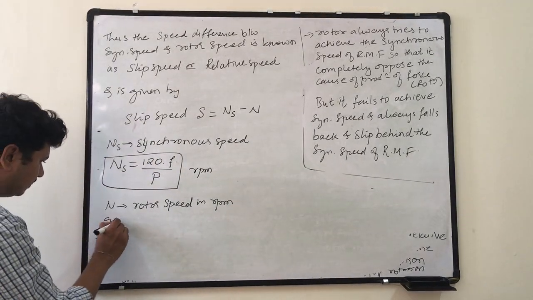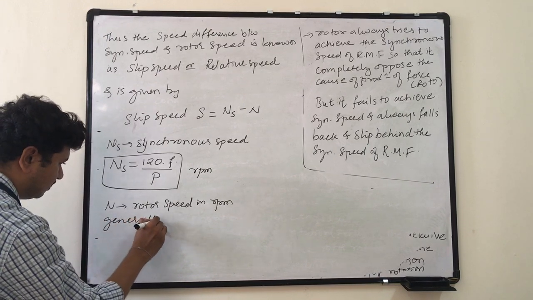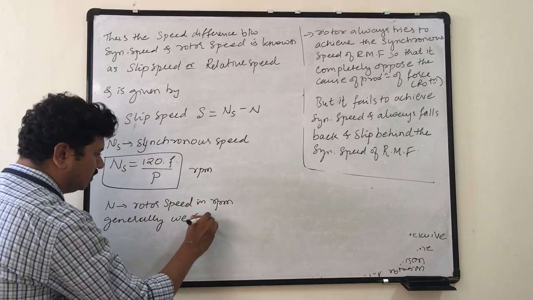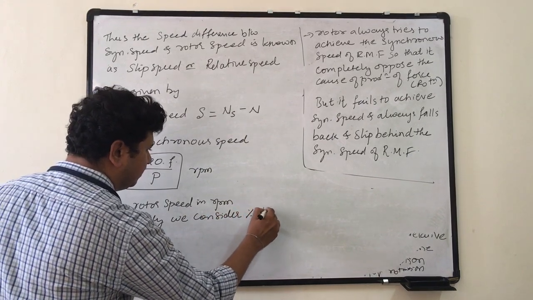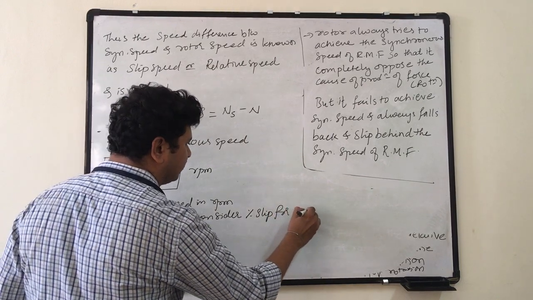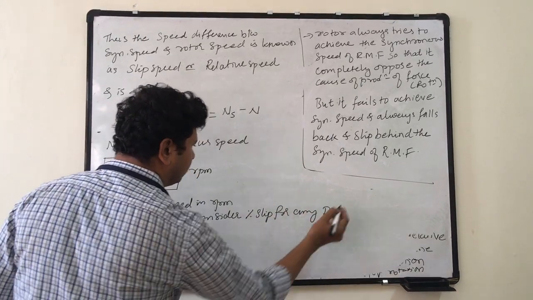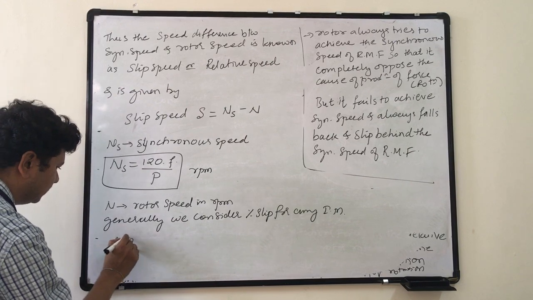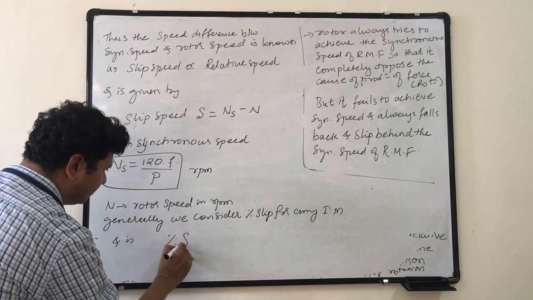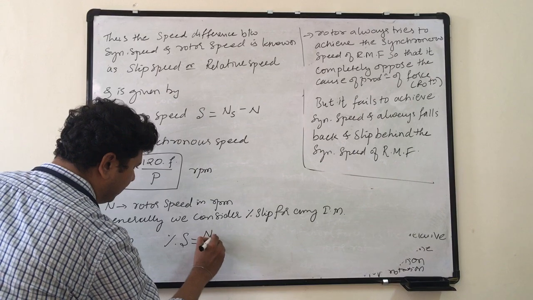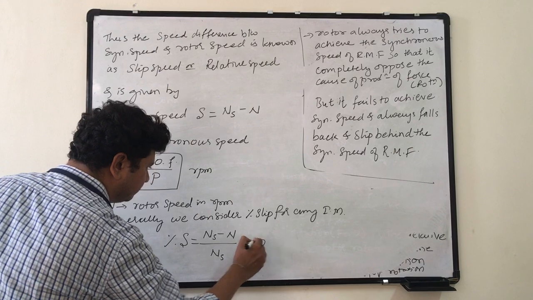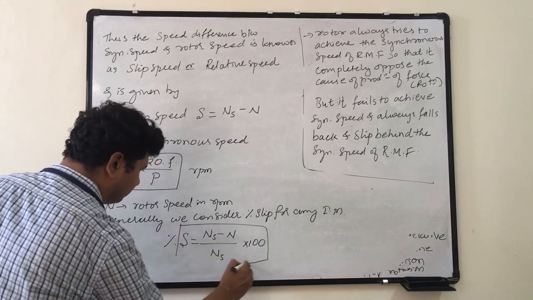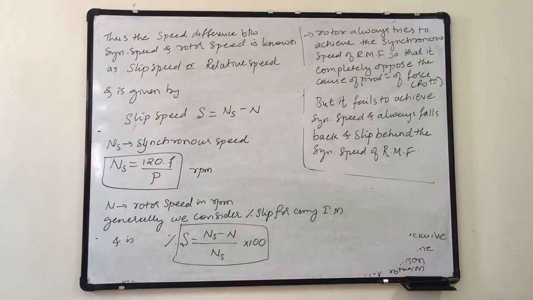Generally we consider percentage slip for any induction motor, and percentage slip S equals ns minus n upon ns multiplied by 100.